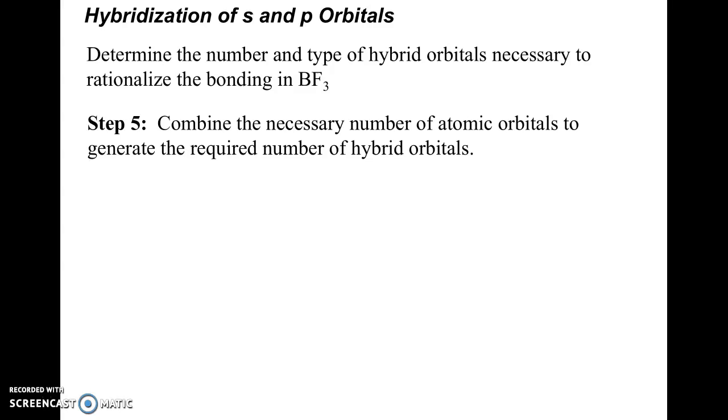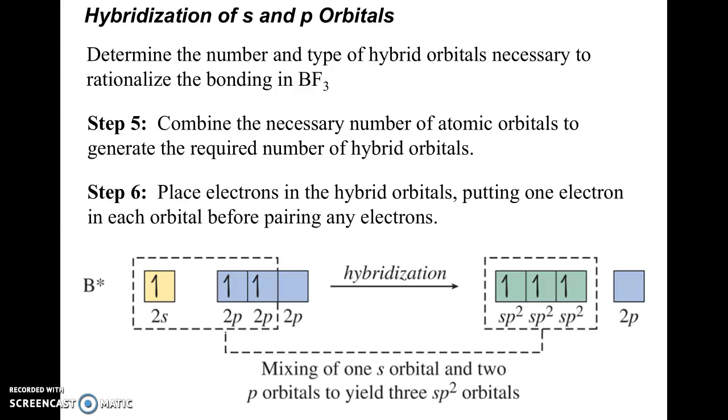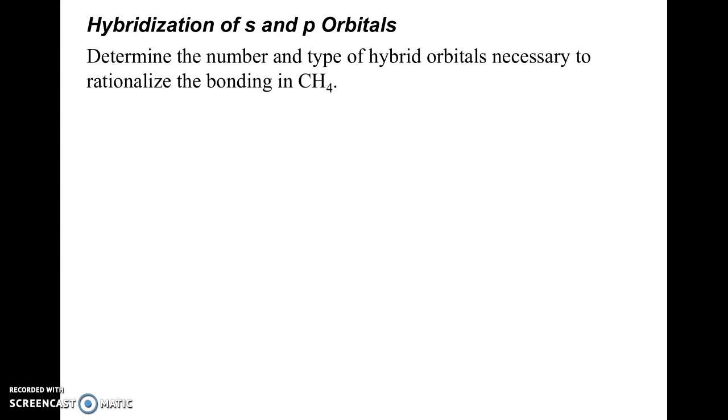We need to make 3 bonds, so we take the s and 2 p's, and we make 3 equivalent orbitals that are called sp2. We call them sp2 because they were made from an s and 2 p's, so it's really easy to keep track. And so when we do that, we can have a symmetrical BF3 molecule.